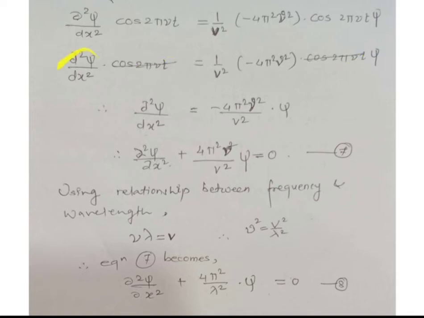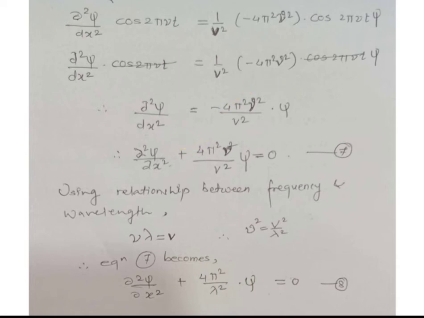The remaining equation is del square psi divided by del x square is equal to minus 4 pi square nu square divided by v square into psi as it is. Now just transfer this negative part to the left side and it will become positive.